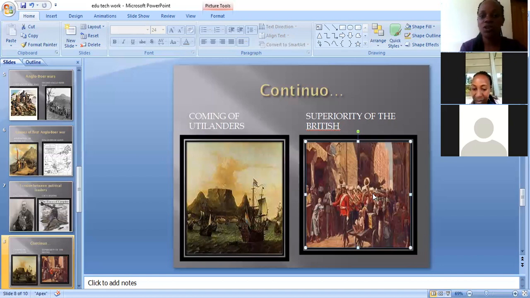So this superiority was one of the factors that pushed the first Anglo-Boer War, whereby they had to prove their superiority to the Dutch. And thus, they took over everything that belonged to the Dutch.